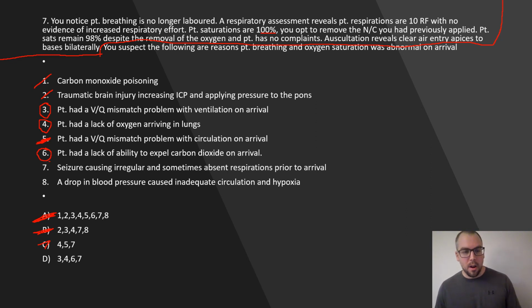Seven is a little bit complicated to put together, but it's definitely there. Eight, a drop in blood pressure caused inadequate circulation and hypoxia. Nothing to support that, right? The heart rate's fine now. That would kind of go with syncope, but there's nothing to support that, so you can get rid of eight. That leaves 3, 4, 6, 7.